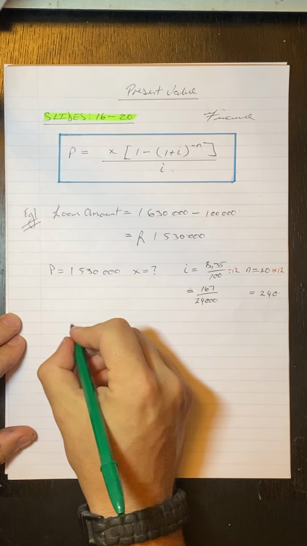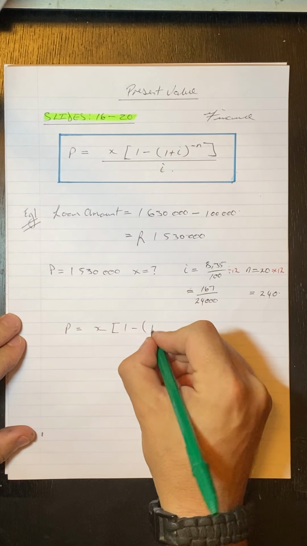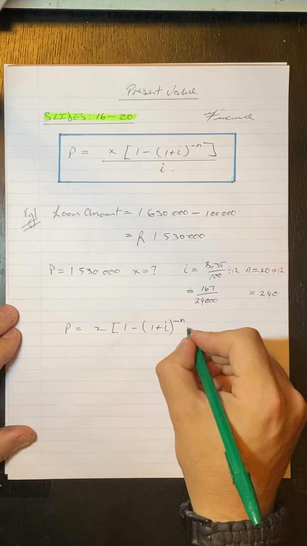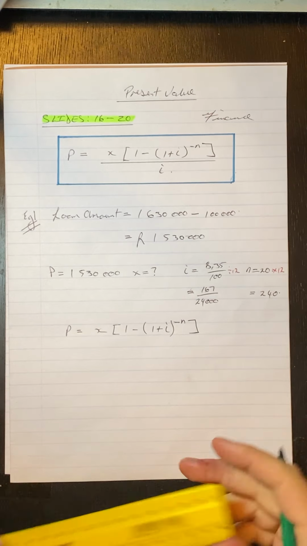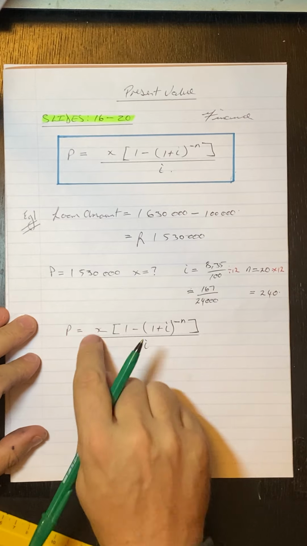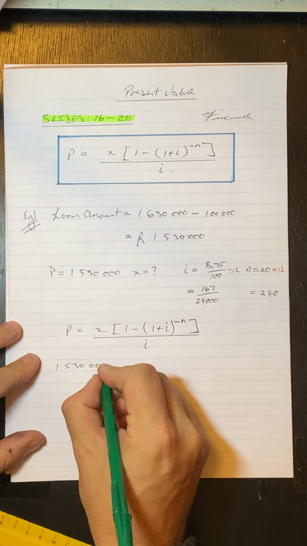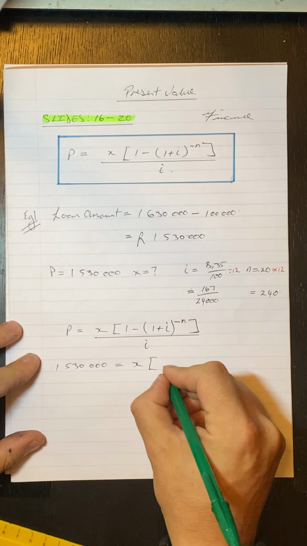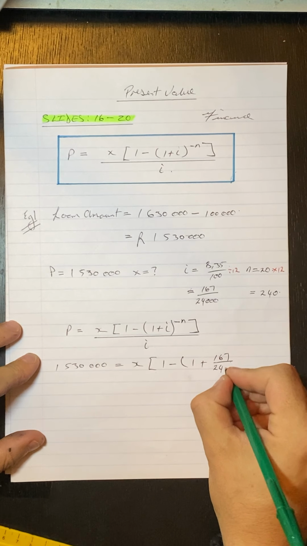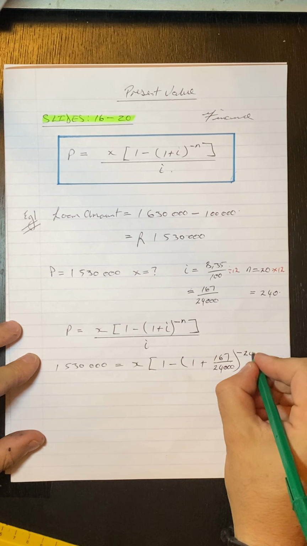So my present value formula, P is equal to X, 1 minus (1 plus i) to the minus n, all over i. Substitute my values in, and we get... now be careful here, it is negative 240.